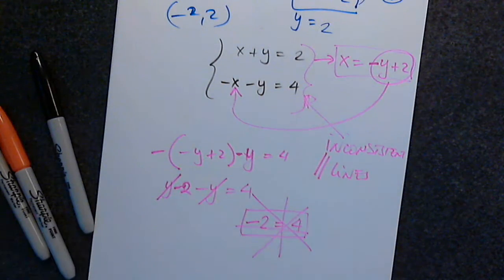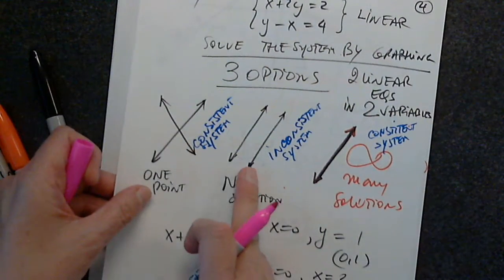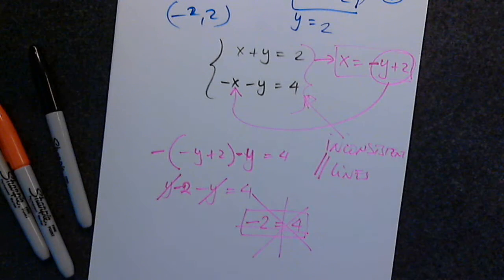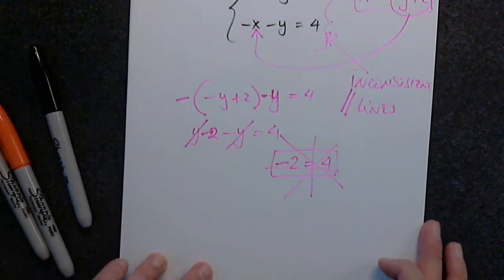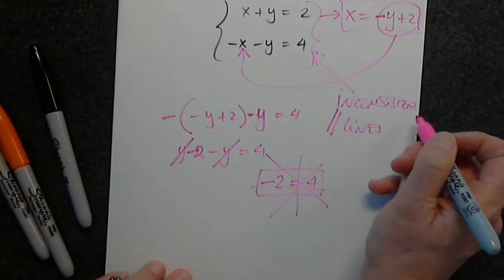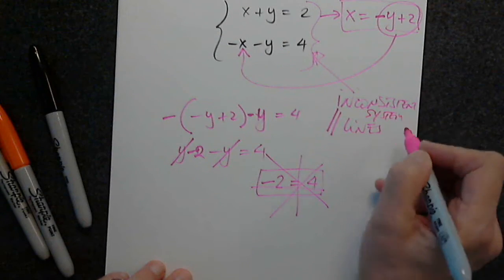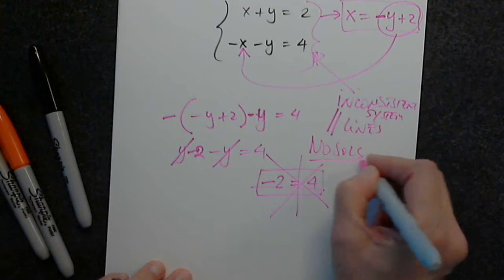We know that if a system of two linear equations in two variables is inconsistent, the lines must be parallel, which means they have the same what? Two lines that are parallel must have the same slope. Excellent. Great, Jay. Thank you. So inconsistent, parallel, inconsistent system, parallel lines, no solutions.